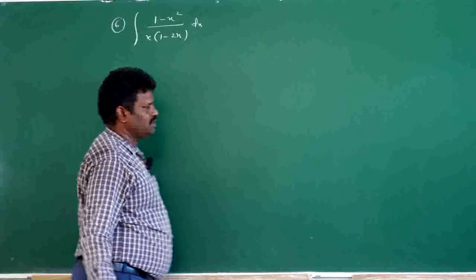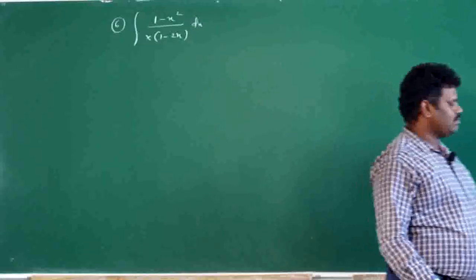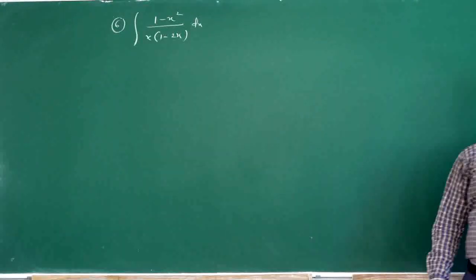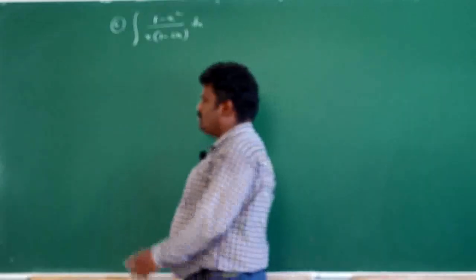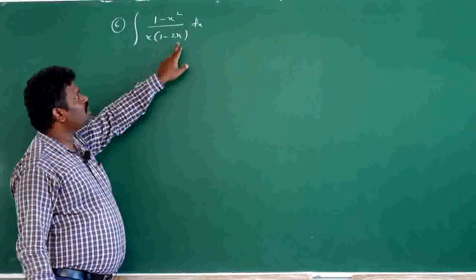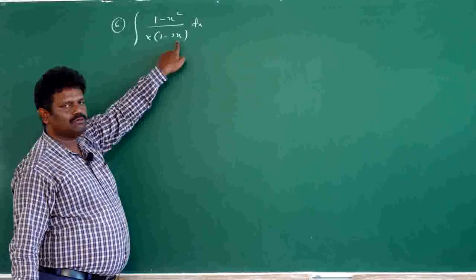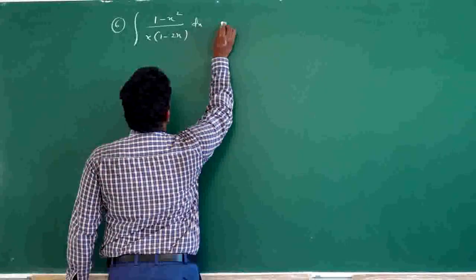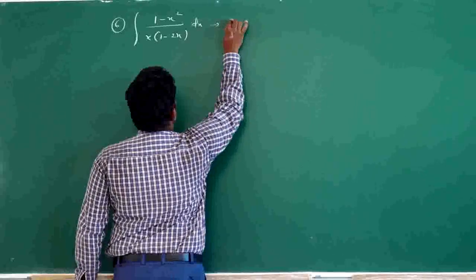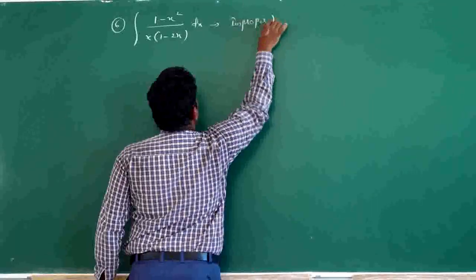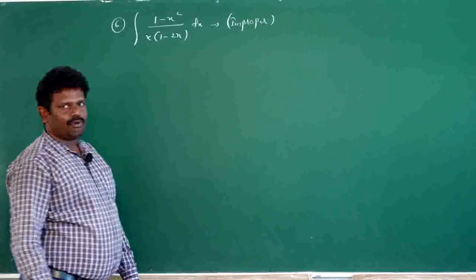Here we compare: numerator degree is 2, denominator degree is also 2, x into 2x square. So the degrees are equal. Now which type is this? Improper. So this is an improper fraction.